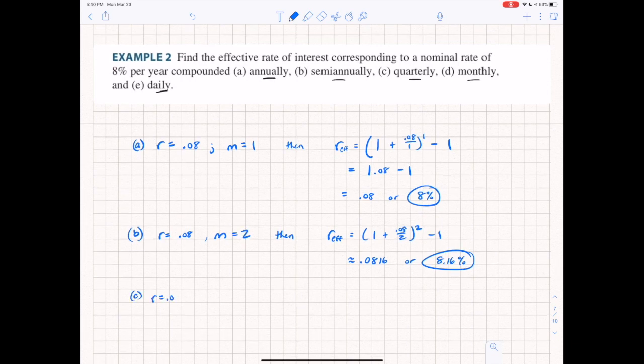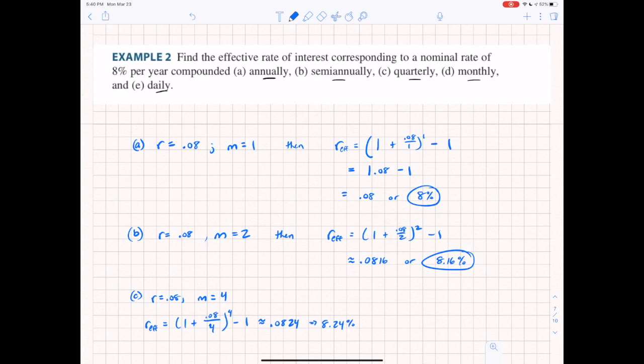So again, R is 0.08. M this time would be 4. Then my effective rate can be calculated by 1 plus 0.08 divided by 4 to the 4th power minus 1. And I get this to be approximately 0.0824, which is 8.24% in terms of my actual effective rate here.